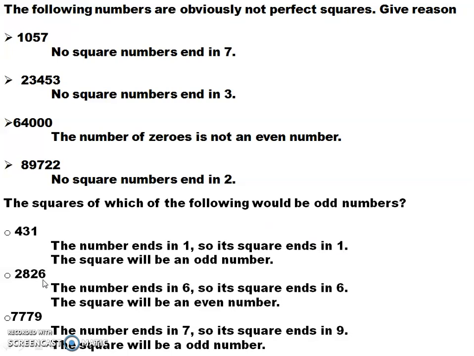What about 6? If the number ends in 6, its square will end in 6. Is it an odd number or an even number? It is an even number. Similarly, you should see which are the odd numbers and even numbers.